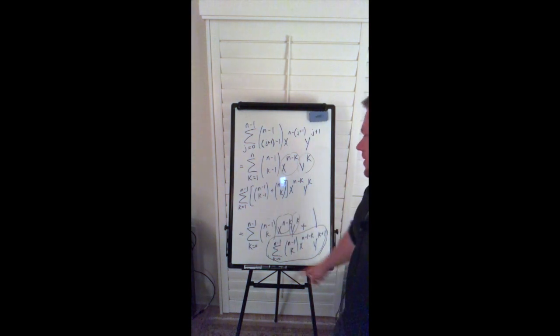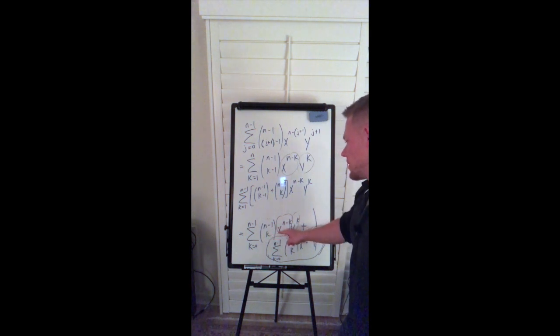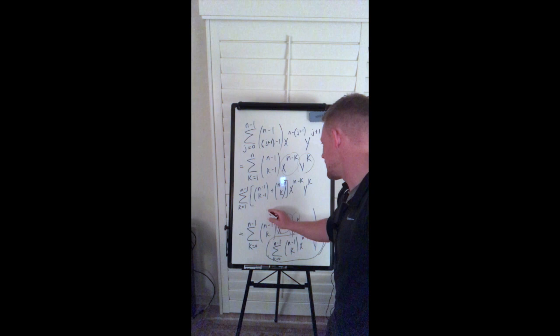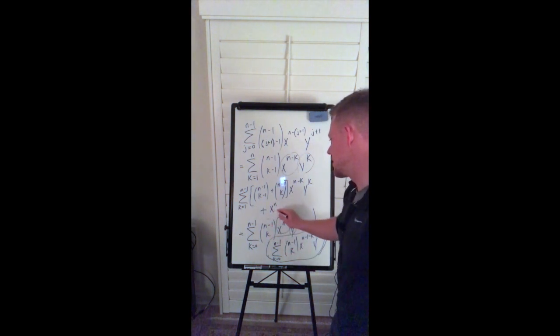So let's think about those two cases. When k is 0 down here, we're left with n minus 1 choose 0 times x to the n, because n minus 0 is n, times y to the 0, which is 1. N minus 1 choose 0 is just 1, so we're actually left with x to the n.